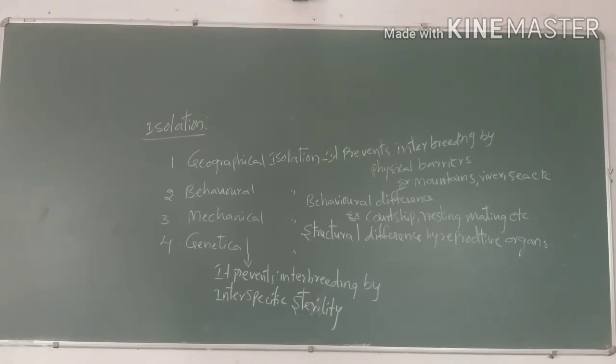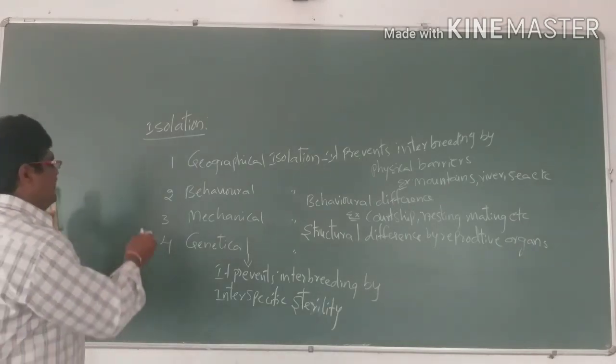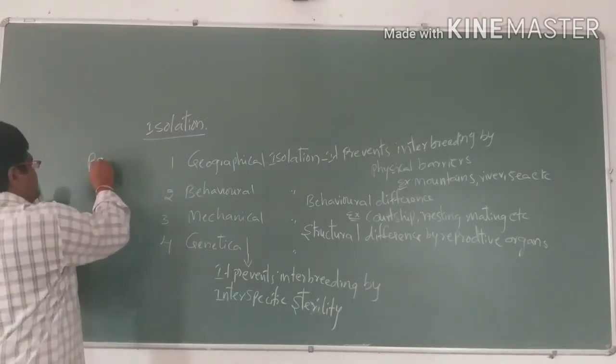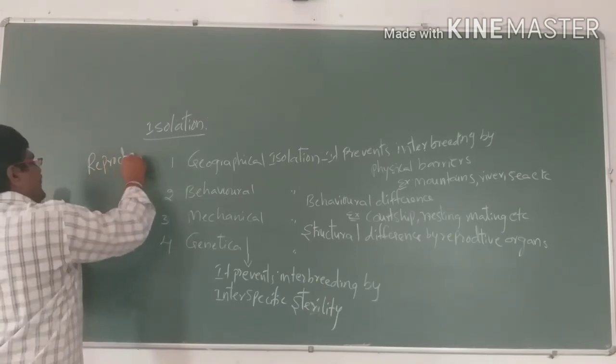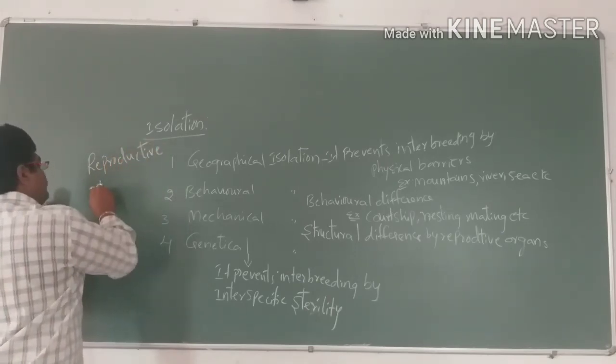Here genetical divergence results in the formation of a new species. The species which are forming have a common ancestral stock, but become so dissimilar that they are no longer able to interbreed. This is called reproductive isolation.